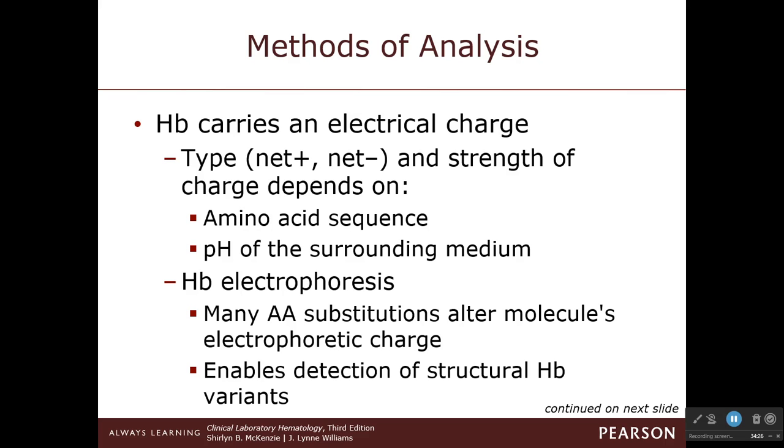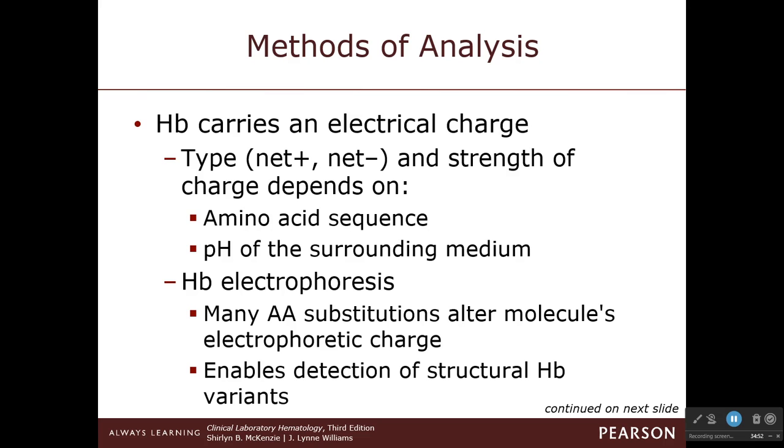These are the two most common pHs that we use in electrophoresis. Notice what they are. One is very acidic and one is very basic or alkaline. That makes a difference, because how things act in a base is totally different than how they act in an acid, and it changes their structure.